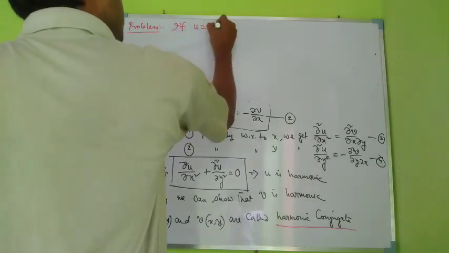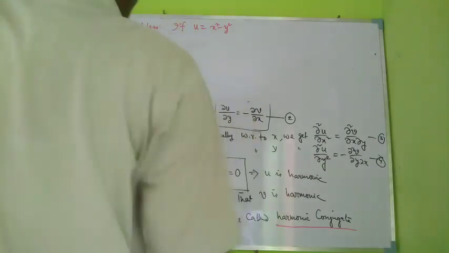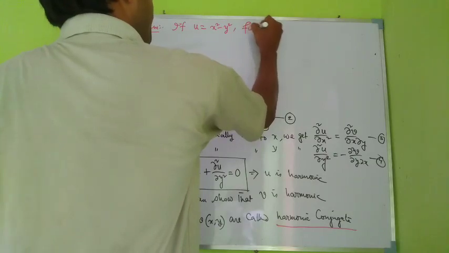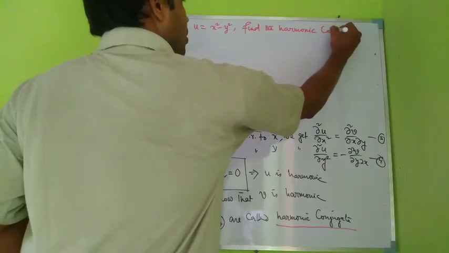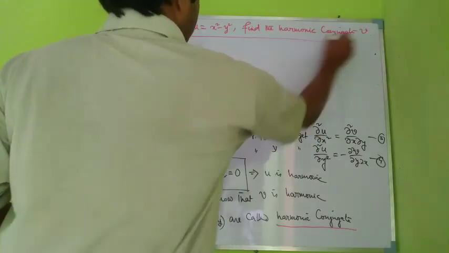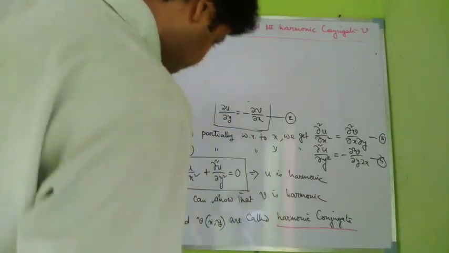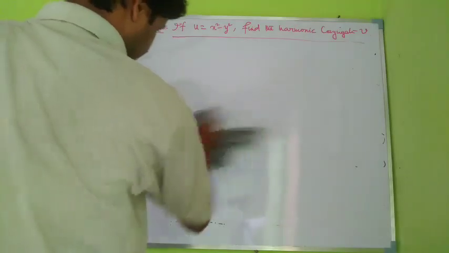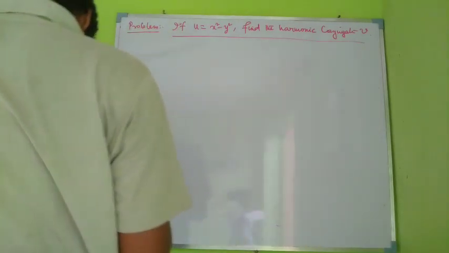If u is equal to x square minus y square, we already said that u is a harmonic function. So find the harmonic conjugate v.